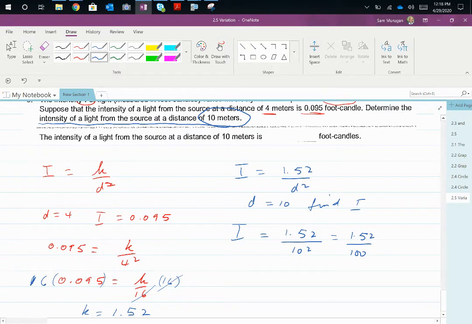You shouldn't need a calculator for that because all we're doing is taking it 2 places over. So 0.0152 foot candles intensity.